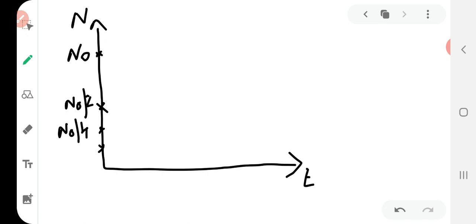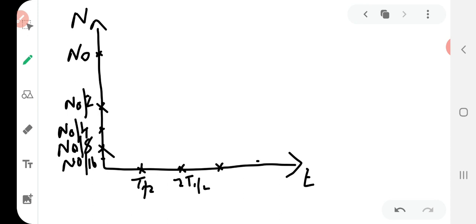And this will be N0 by 8. And this will be N0 by 16. And in the time axis too, we can represent our different T halves. This will be the first T half. This is the second T half. This is the third one. This is the fourth one.